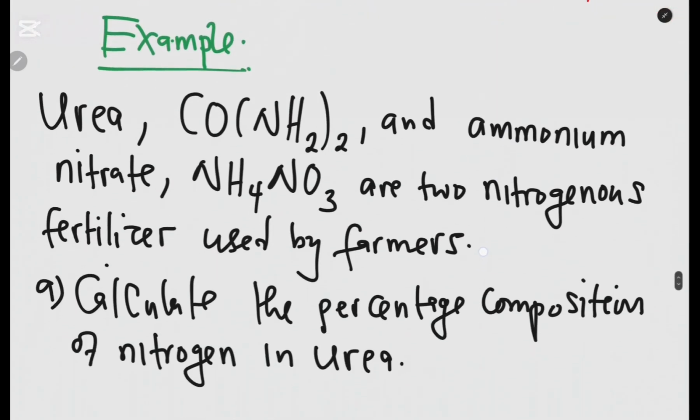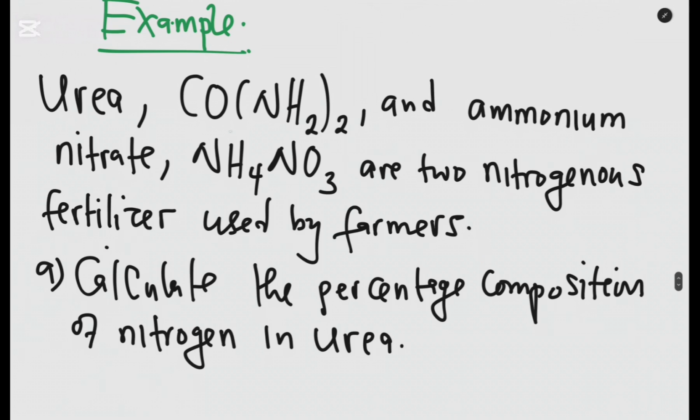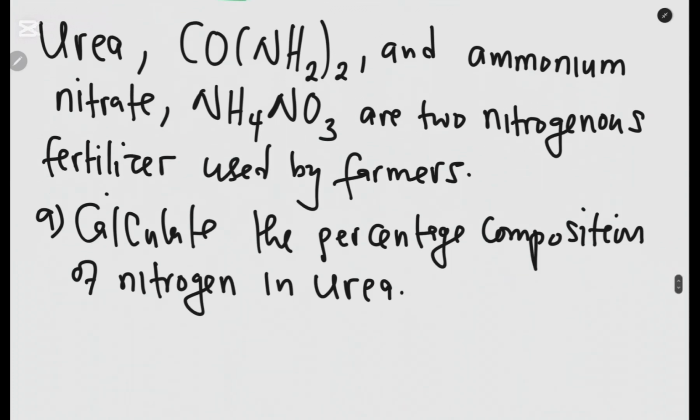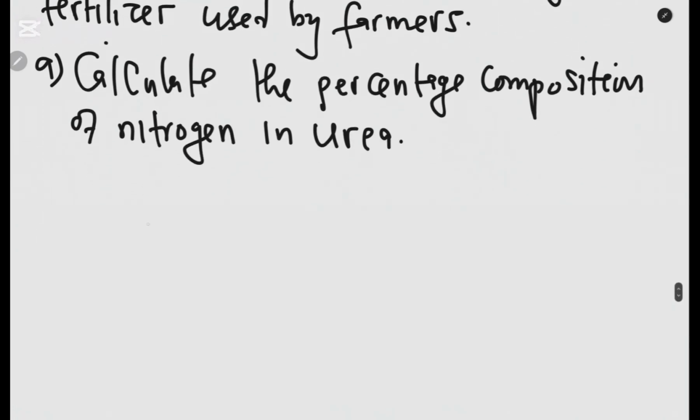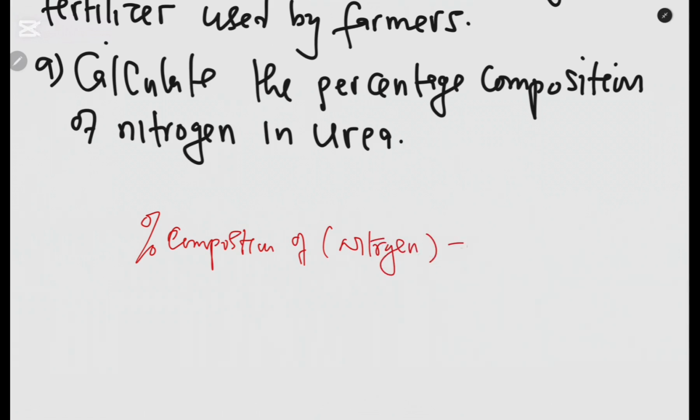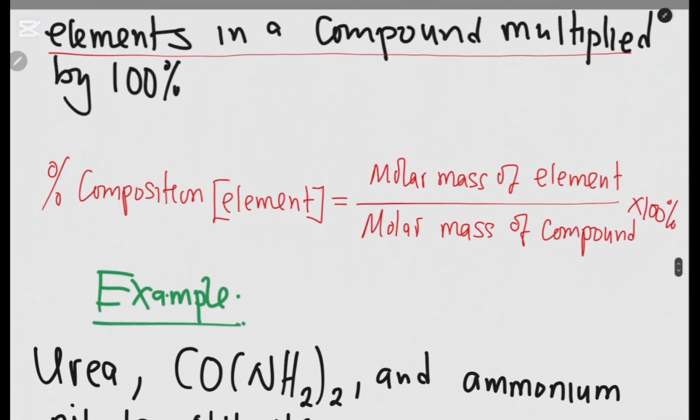Let us look at this question. Urea, which is this one, and ammonium nitrate, which is this one, are two nitrogenous fertilizers used by farmers. Calculate the percentage composition of nitrogen in urea. So percentage composition of nitrogen equals, okay, what did we say is the formula?